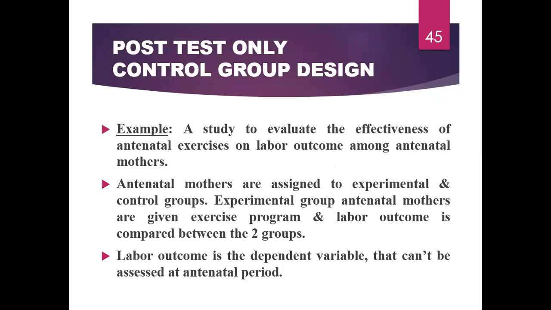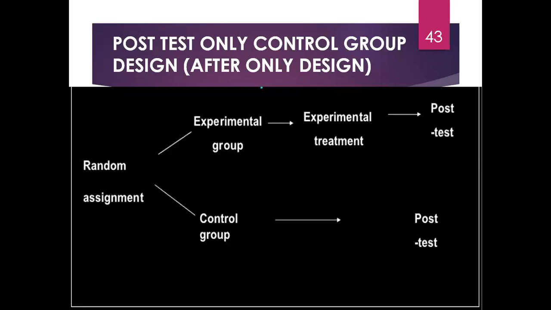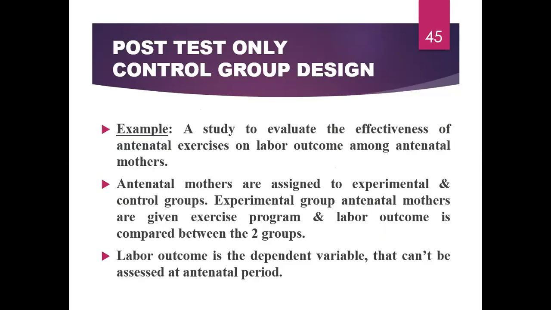And the experimental group antenatal mothers are given an exercise program and the labor outcome is compared between the two groups. And labor outcome is the dependent variable which cannot be assessed in the antenatal period.